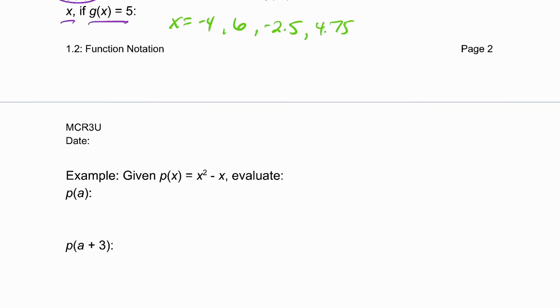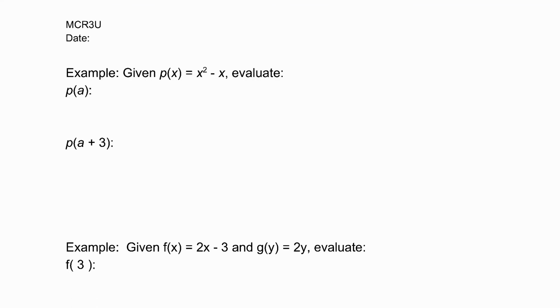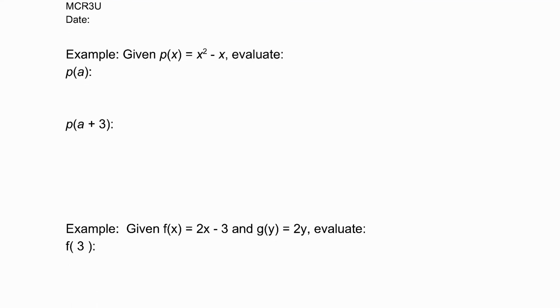So here's another cool thing about functional notation that we can work with. Here we're given a function p of x is equal to x squared minus x. And we want to evaluate. It's kind of tricky because some of these things we're going to actually evaluate, it's more like simplifying. But in this case, what happens if x is a? So now it's not an actual value. But we still want to evaluate p of a given that p of x is this function. Well, again, what does that mean?